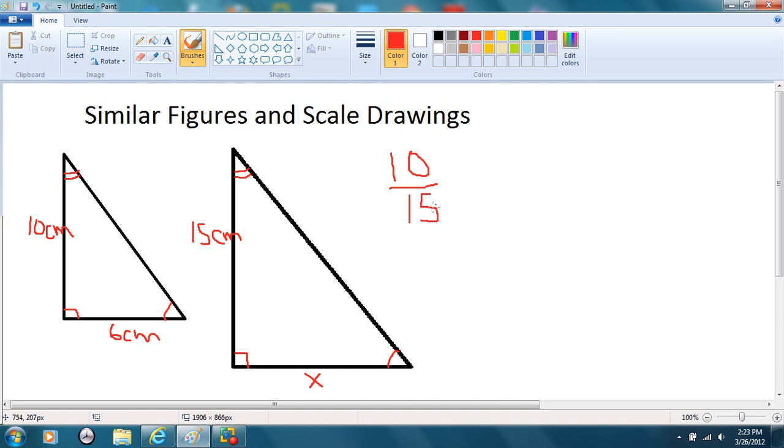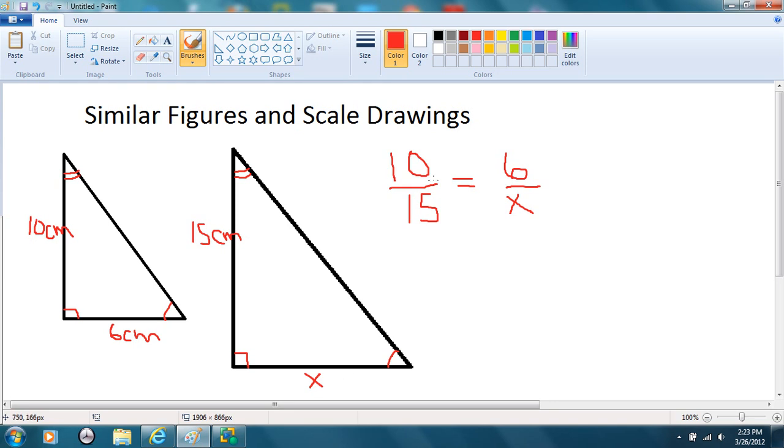So I went from the small one to the big one. Small one to big one, 6 is to X. So all I'm saying is that the lengths of the corresponding sides are in proportion. So 10 is to 15 as 6 is to X.